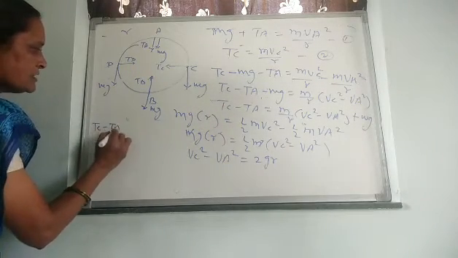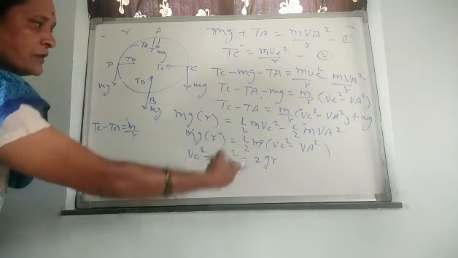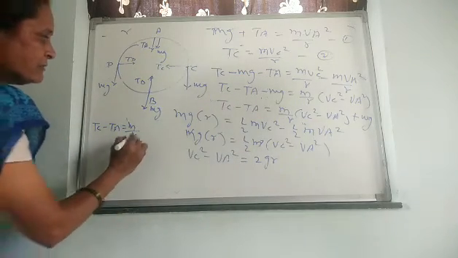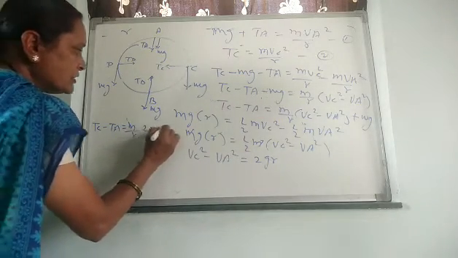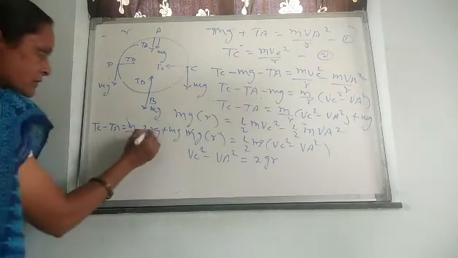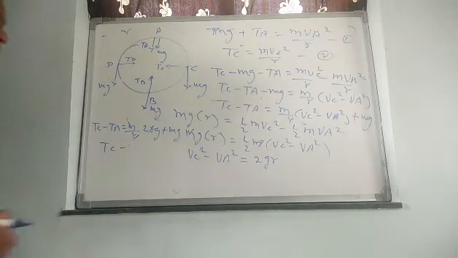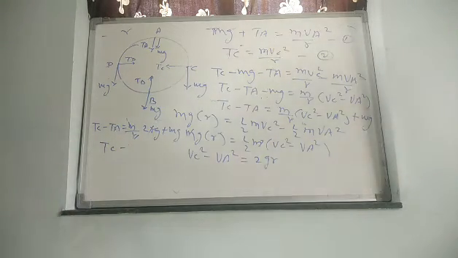Tc minus Ta is equal to m by r into Vc square minus Va square, and that will be equal to 2rg plus mg. Here r gets cancelled, with the help of Vc square minus Va square equal to 2rg.